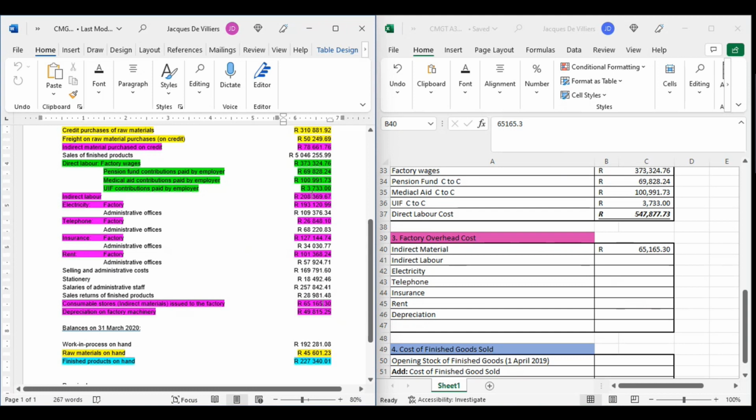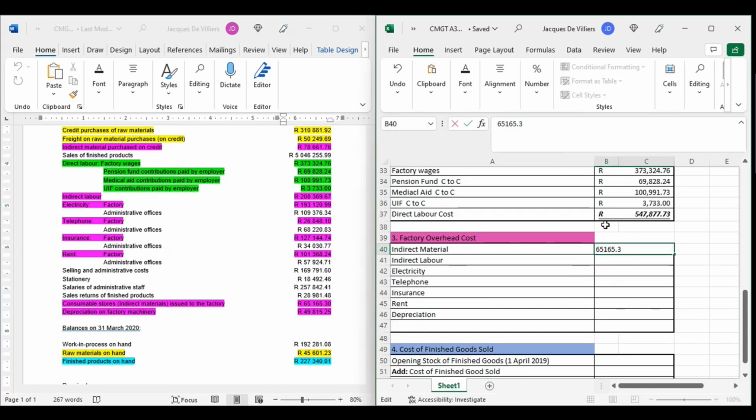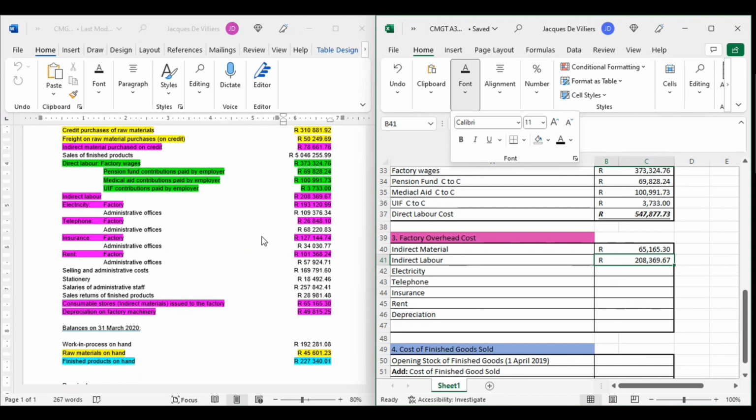Okay, indirect labor is given, so we can simply fill that in as well. Electricity, telephone, insurance, and rent as it contributes to the factory is given, so we can simply add all of those as well.